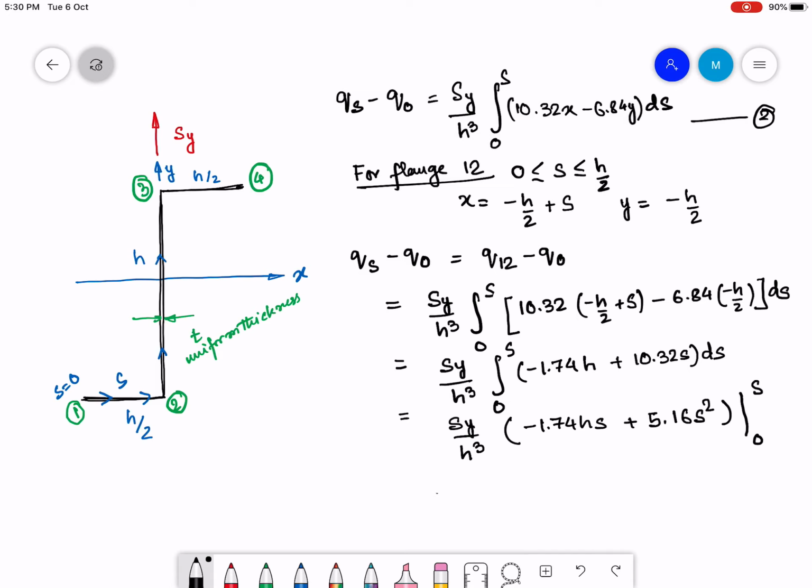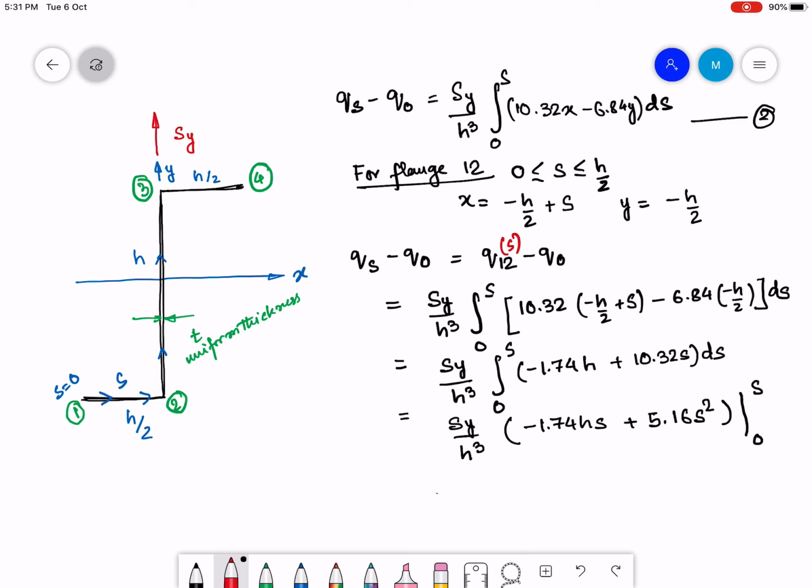Q12 is the shear stress distribution in the flange 1-2, so Q12 is a function of s. Because Q12 varies with s, it is not a single valued number, so I shouldn't replace the integral with some definite value. It has to be from 0 to s. One should keep that in mind.